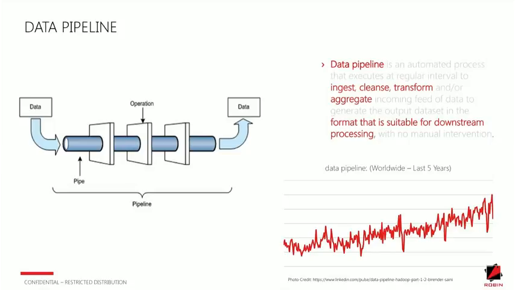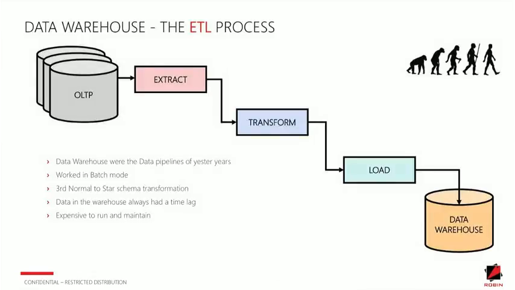But having said that, it's not that data pipelines are just a new thing that has been around for the last 5 years or so. This concept has been around for a very long time as well. The traditional data warehouses in effect were the early data pipelines of yesteryear.